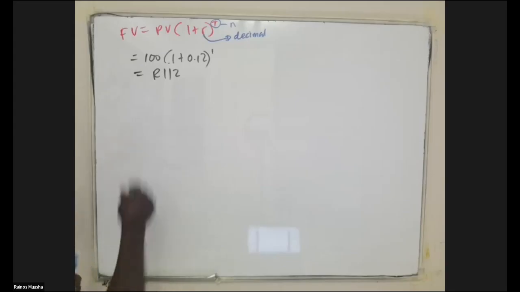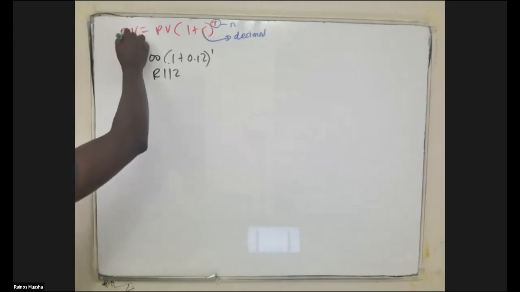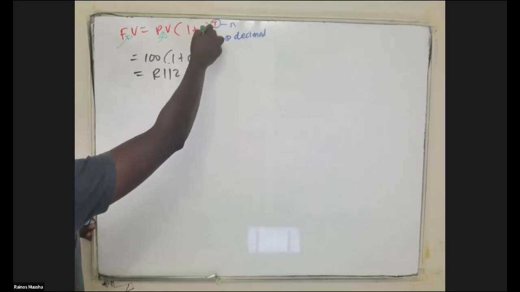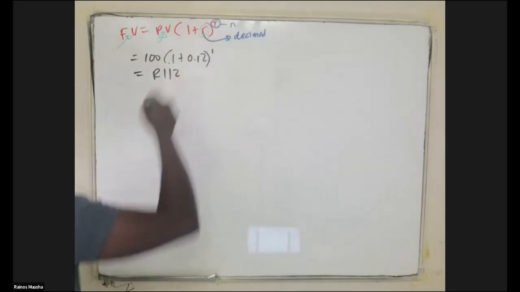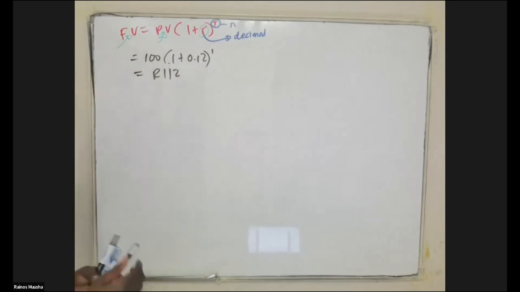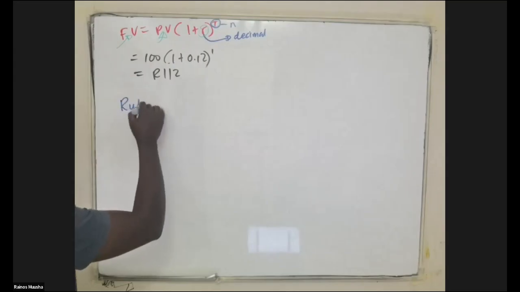So remember, this is your FV, this is your present value, this is your interest rate, and this is the number of periods going into the future. If you're going to be using your financial calculator, let's look at the rules of using your financial calculator.